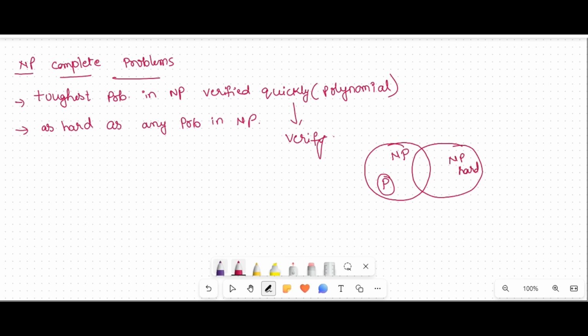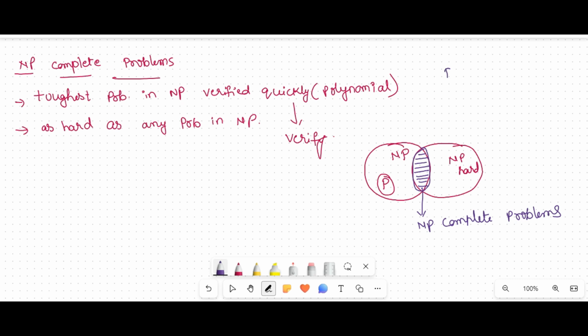This intersection is there, right? That intersection is called NP complete problems.